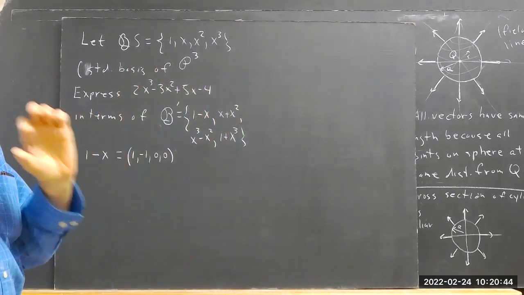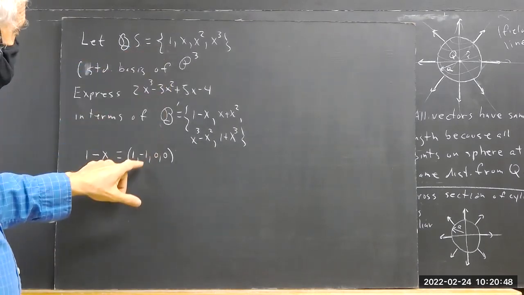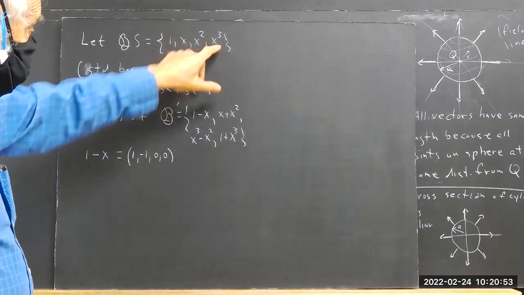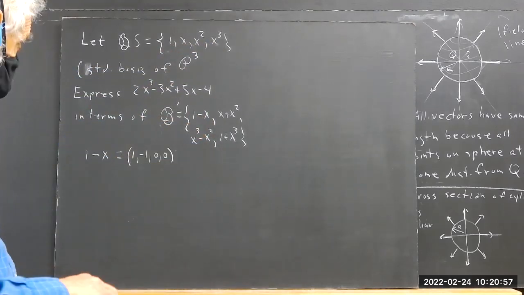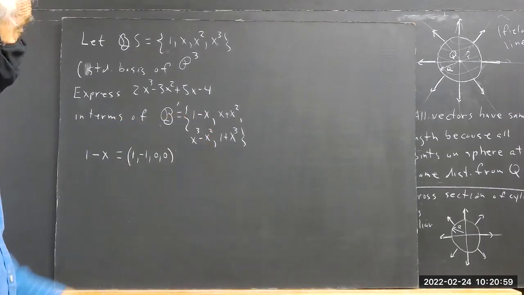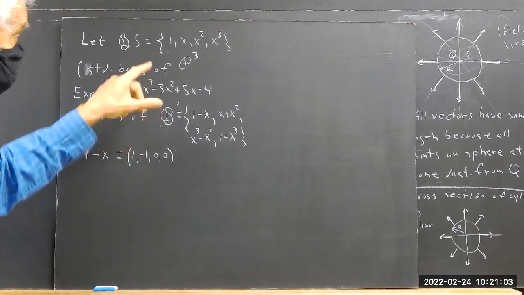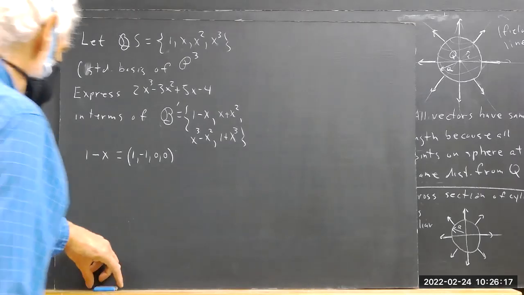Okay? Because 1 times this and -1 times this and 0 times this and 0 times this give you this, right? Okay. So what are the other vectors? Can you write this one, and this one in terms of this? Okay. Everybody got it.